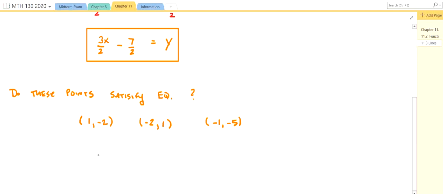So for the first one, we get 3 halves times 1, because I'm putting 1 in for x, minus 7 halves equals, and if this is correct, it should equal minus 2.